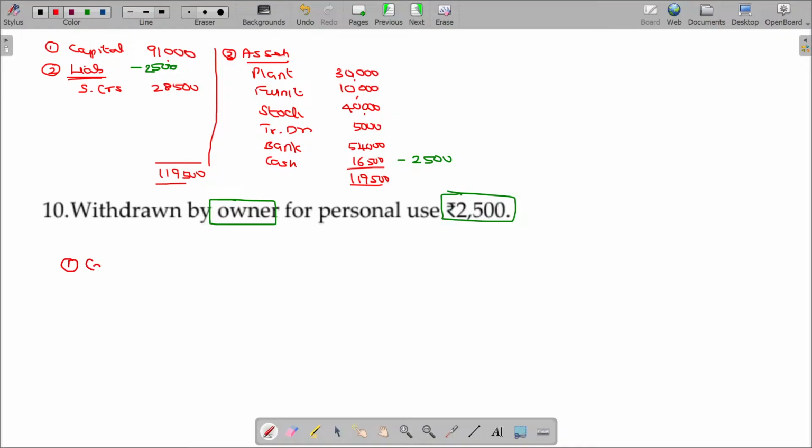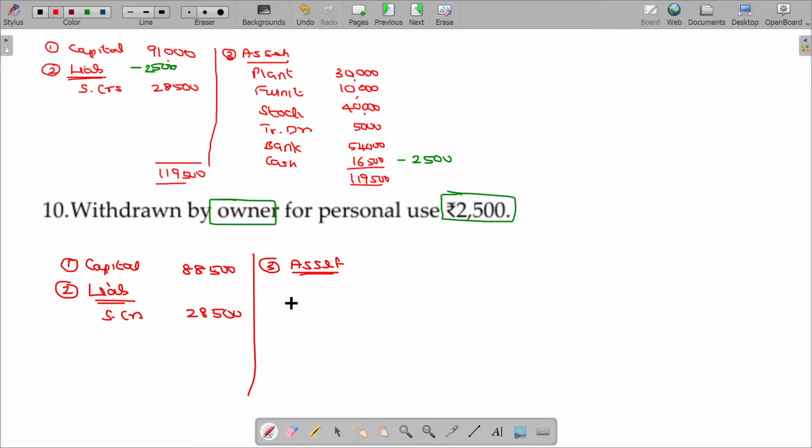Capital, 91,000 minus 2,500. How much is that? 88,500. And second one is liabilities. We have only one liability under that. So sundry creditors, that value is 28,500. And third one is all about asset. All asset remains as it is except cash.